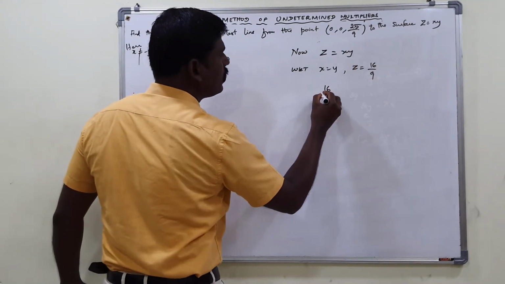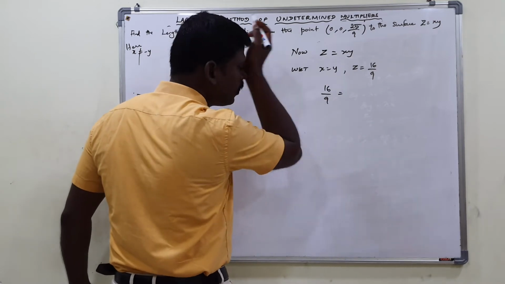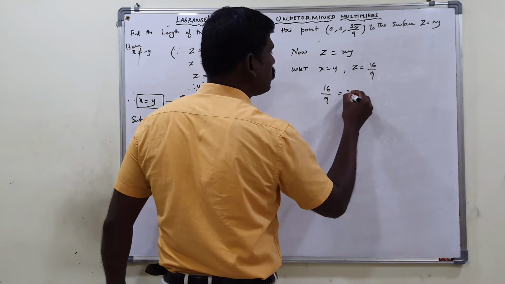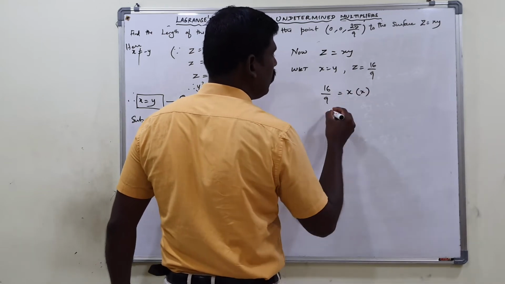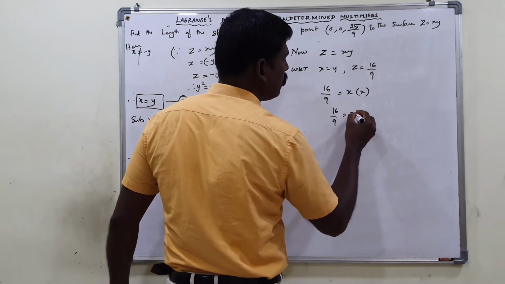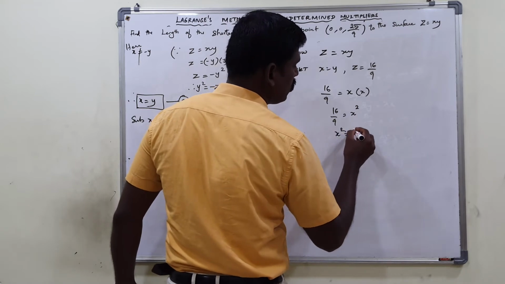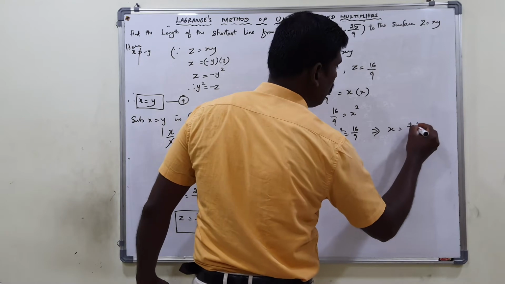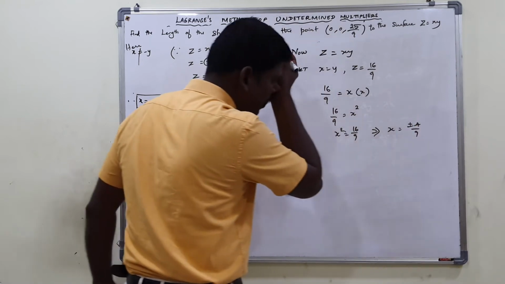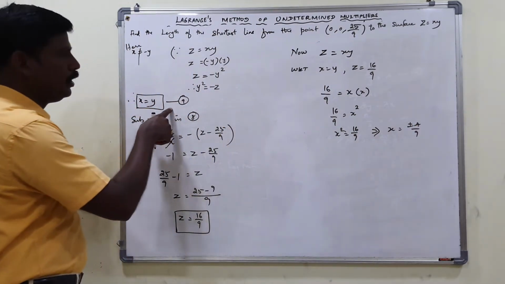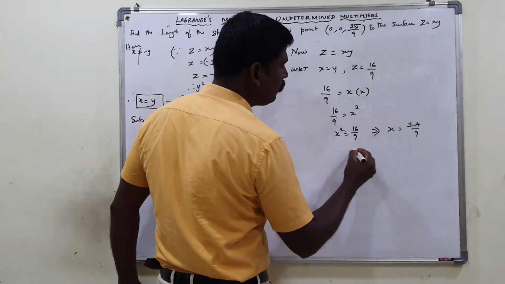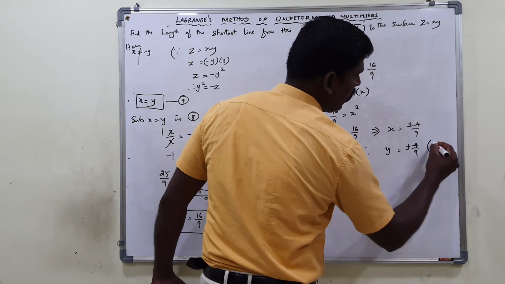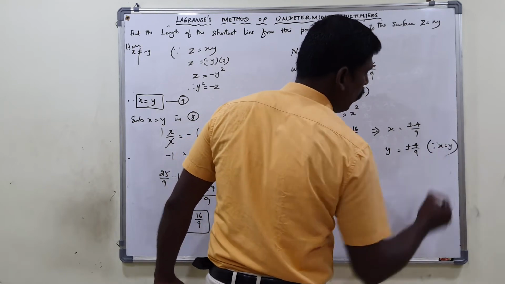What will we get? 16 by 9 equal to x into y. X is y, so x into x. Okay? Right. So 16 by 9 equal to x square. So x square is equal to 16 by 9. So this implies x is equal to plus or minus 4 by 9. Okay? So x and y are equal. Therefore, y is also plus or minus 4 by 9. Why? Since x equal to y.